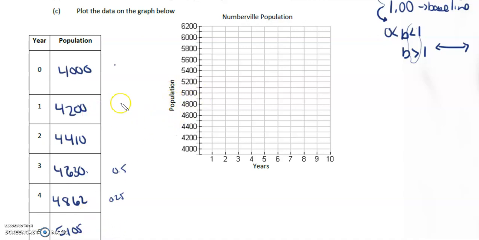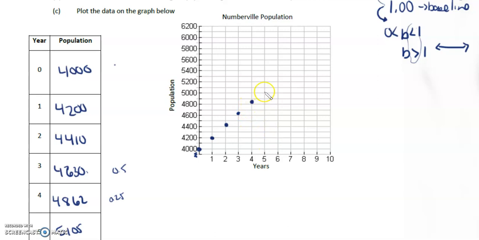Okay, so now we can go ahead and graph. So 0, 4,000, and on this graph, pretend there's like a squiggly down there. After 1 year, there's 4,200 people. After 2 years, there's 4,410. After 3 years, there's 4,630. After 4 years, there's 4,862.